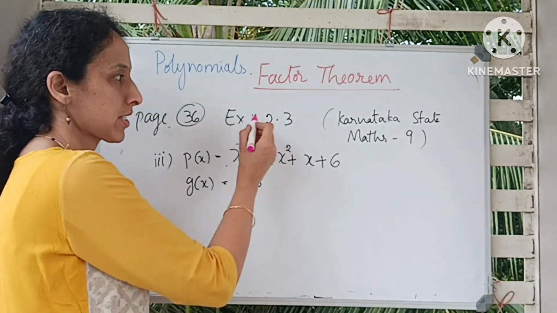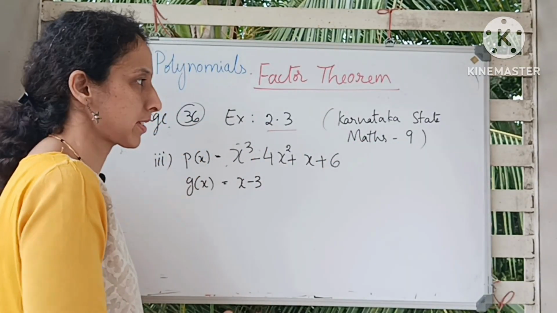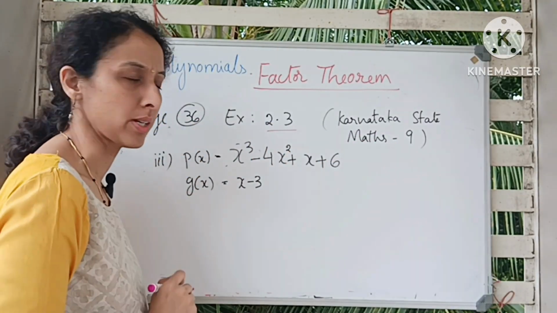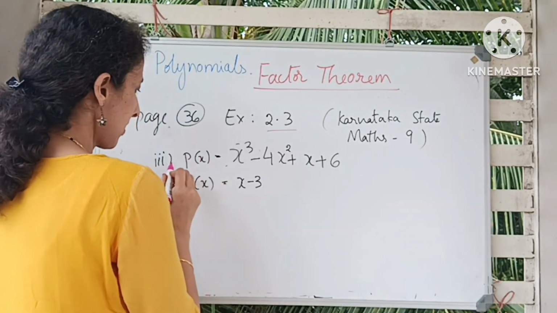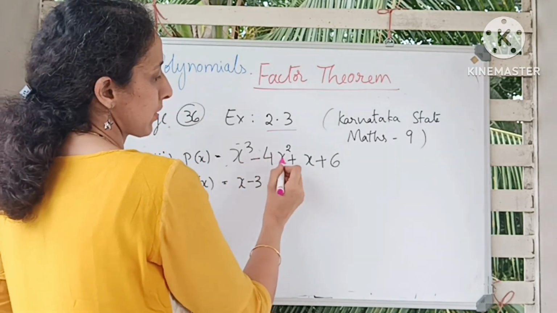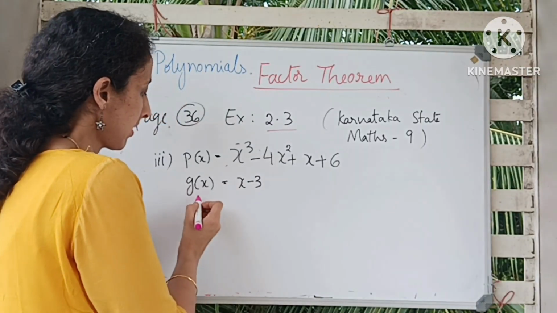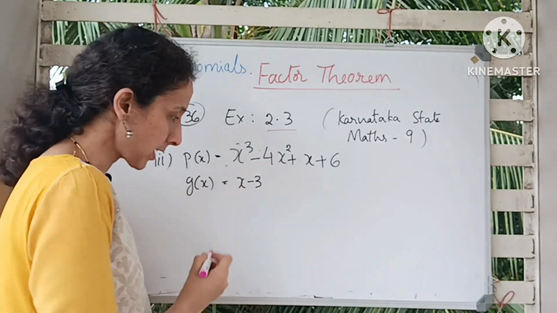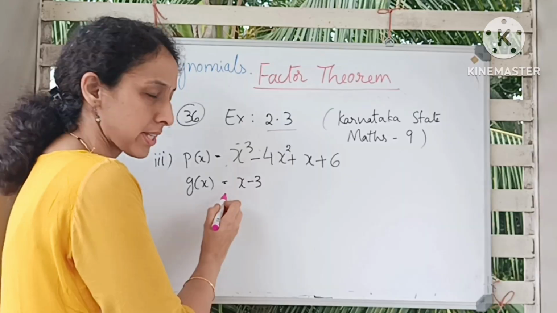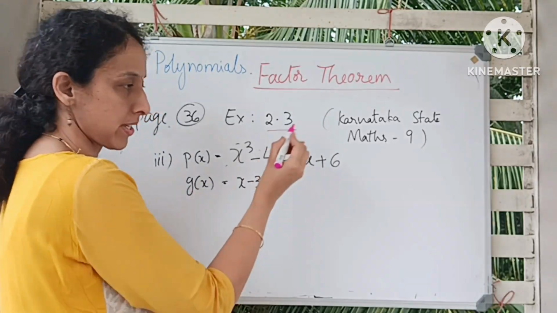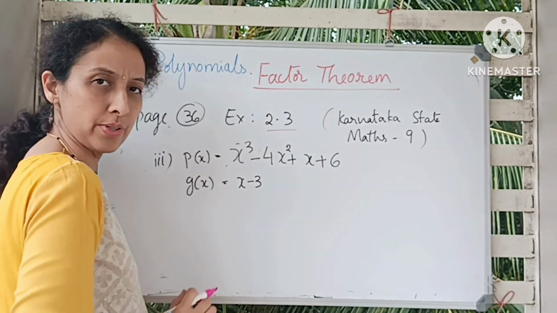Page 36, exercise 2.3 of the Karnataka State Mathematics 9 textbook part 1 says: if p of x is equal to x cube minus 4x square plus x plus 6, and g of x is equal to x minus 3, examine if g of x is a factor of p of x.